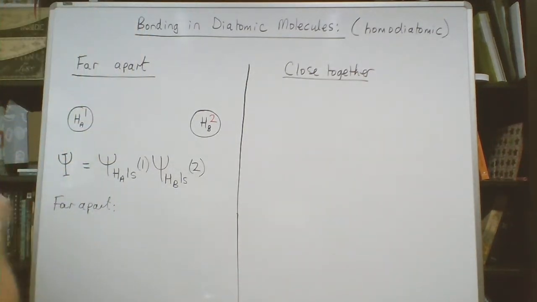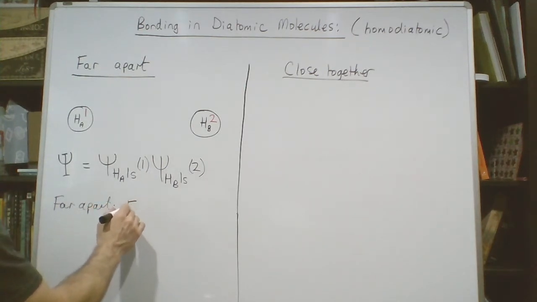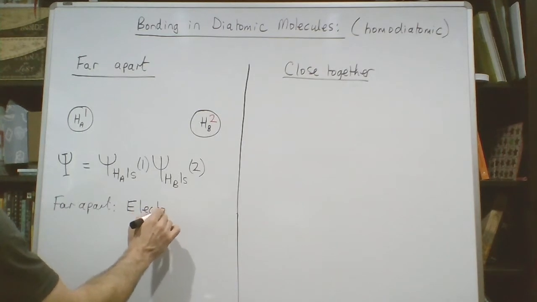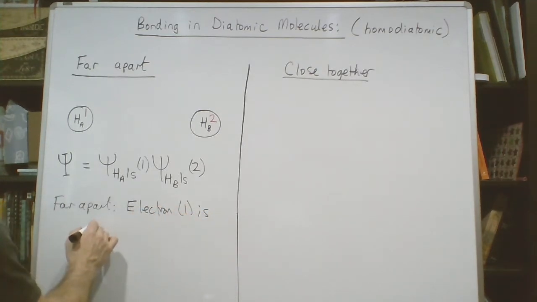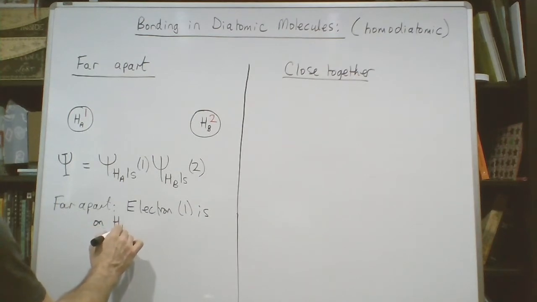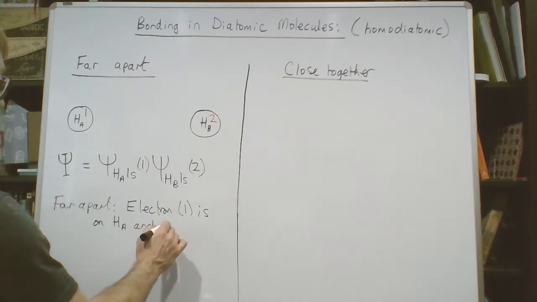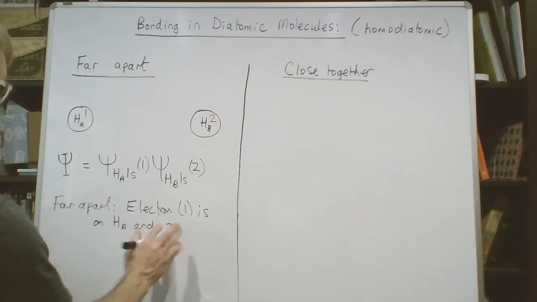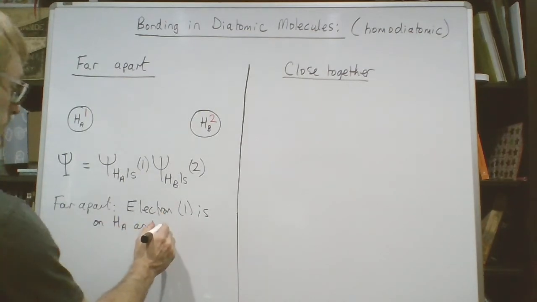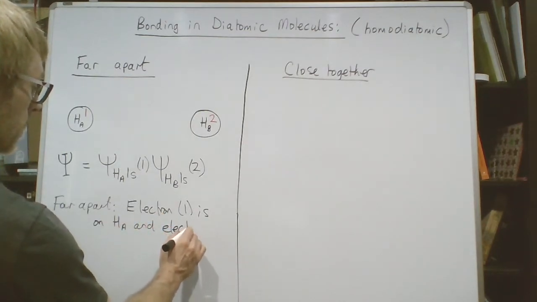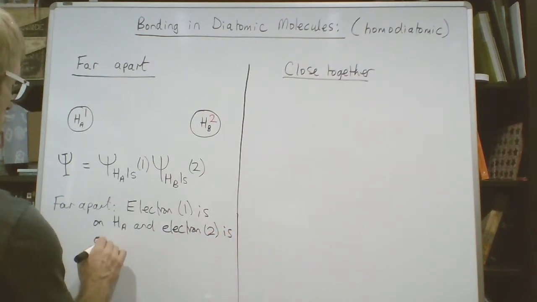We can assume that electron 1 is on hydrogen atom A, and we can assume that electron 2 is on hydrogen B.